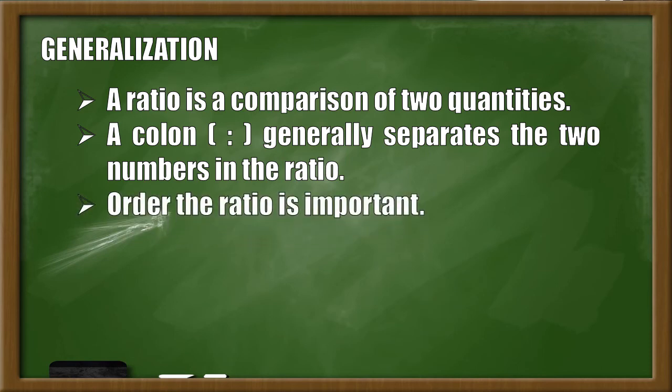Order of the ratio is important. So order, meaning the order of the ratio. So what is the first number will be the first number and the second number will be the second number. Understood? Very good.